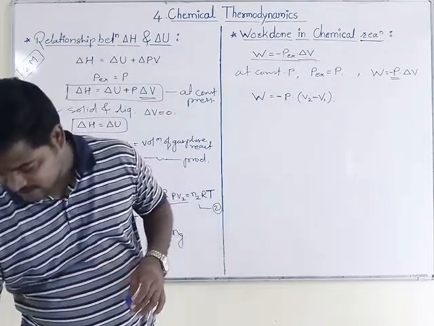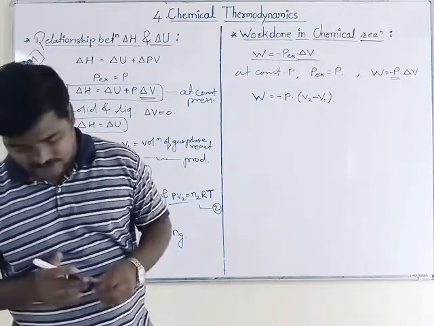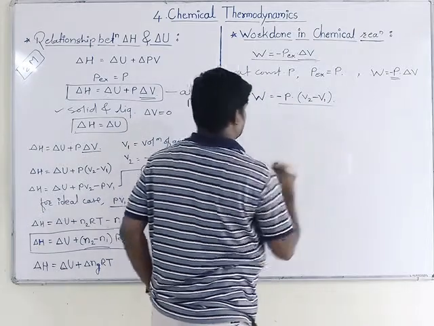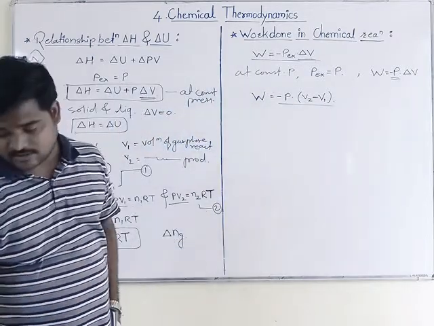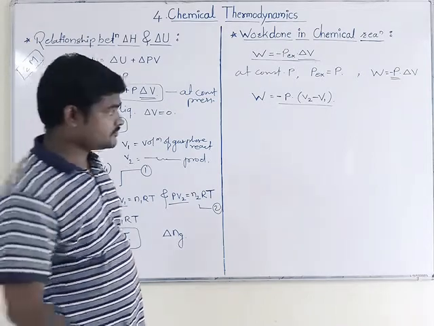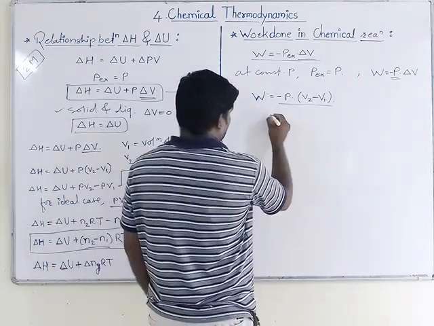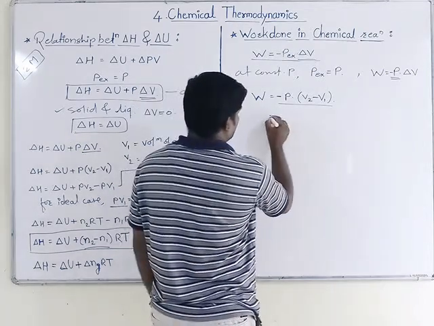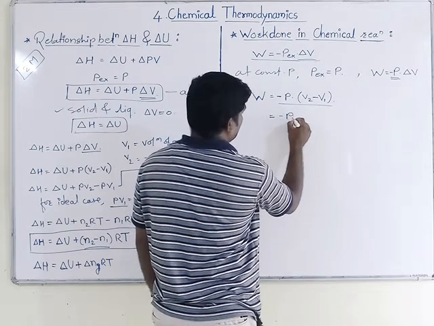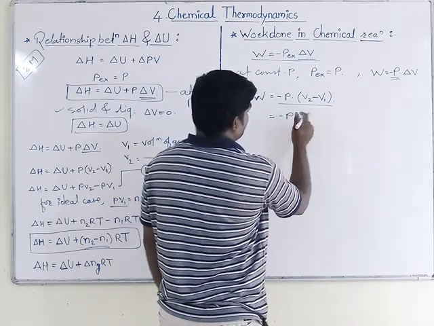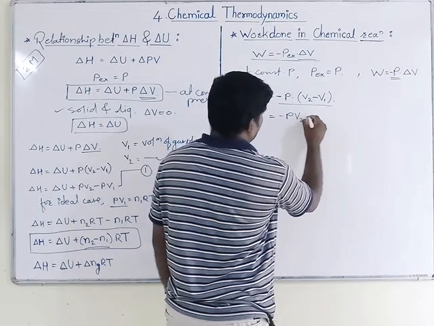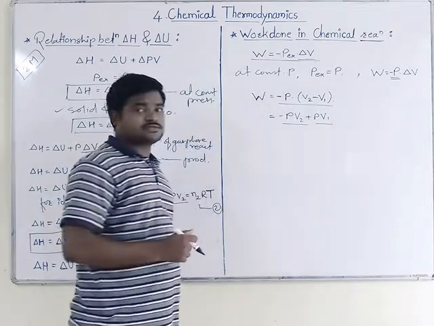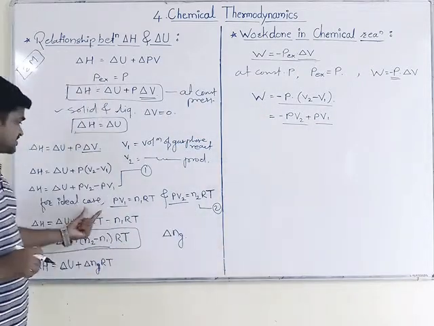If I consider this equation for the ideal gas equation, before going to that, you have to multiply this P with the terms inside. So you will get minus PV2 plus PV1. Now I have got these two terms.